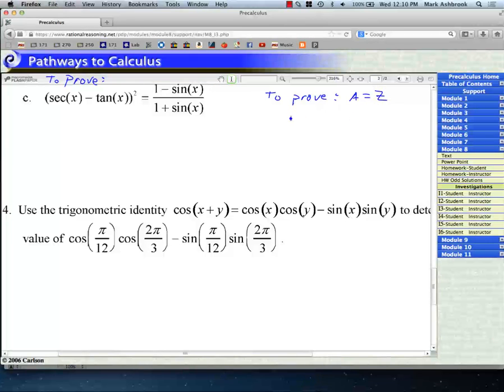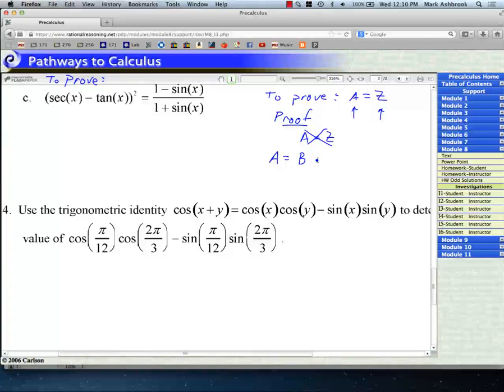So rather than start off the proof by saying, "So proof, A equals Z." No good, okay? No good. Rather, pick one side. Either pick A or pick Z. So we'll say you pick A, and we work on A. And we say, well, we can do a little bit of algebra, and we can get it to be equal to B. And we know our algebra is correct, so we're sure about this.